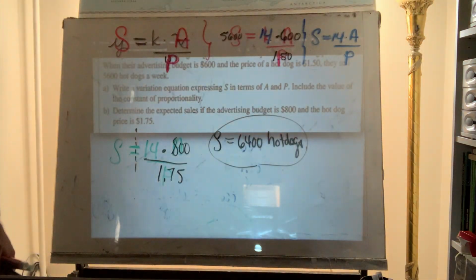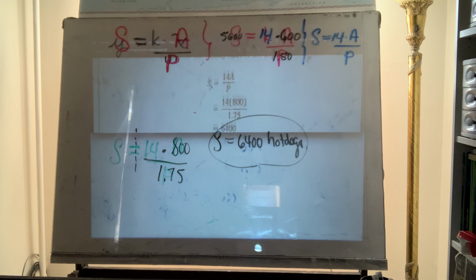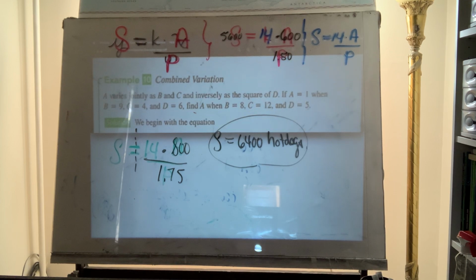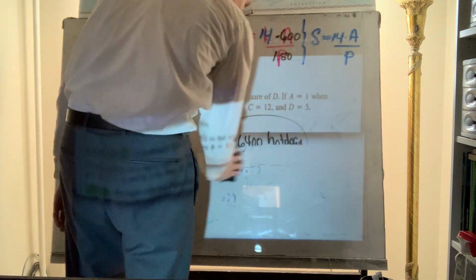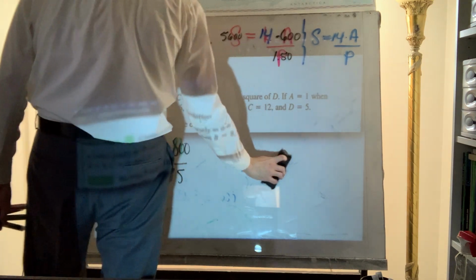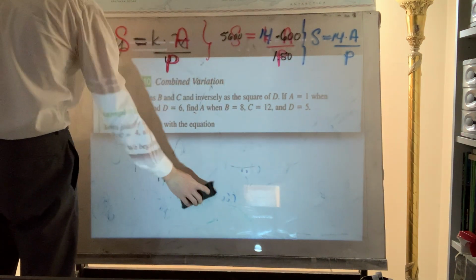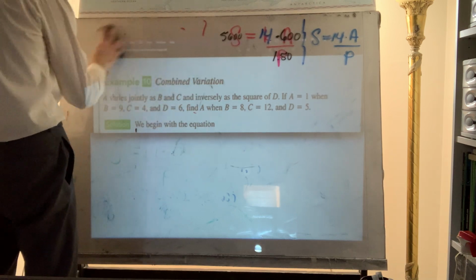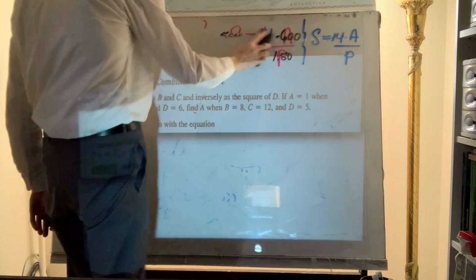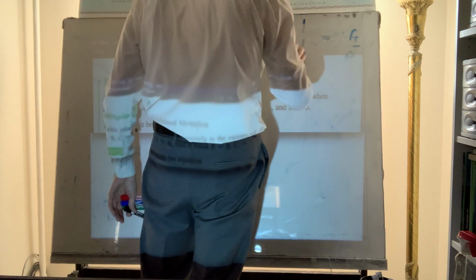Last one. A varies jointly as B and C, and inversely as the square of D. So back to the worst case scenario where you have basically 5 letters, 4 actual variables, 1 constant.